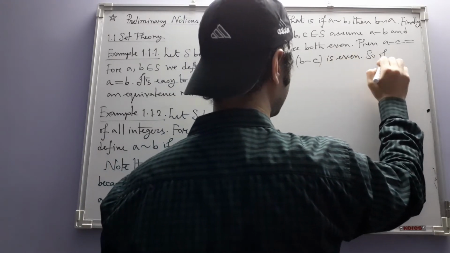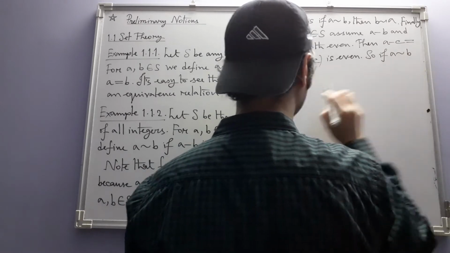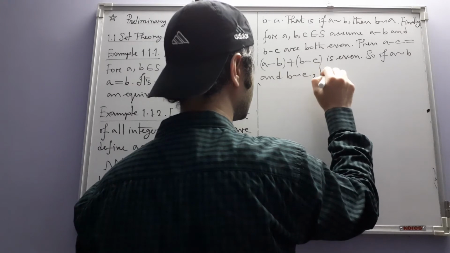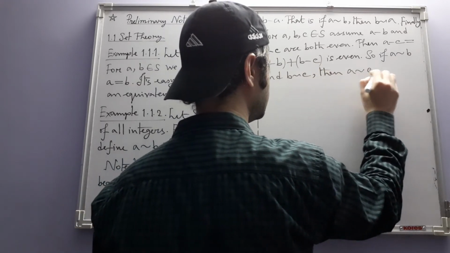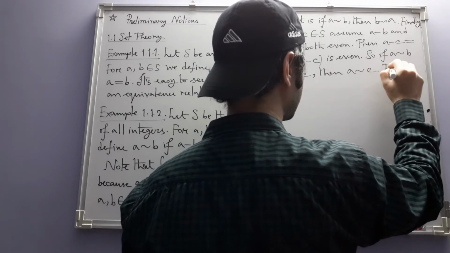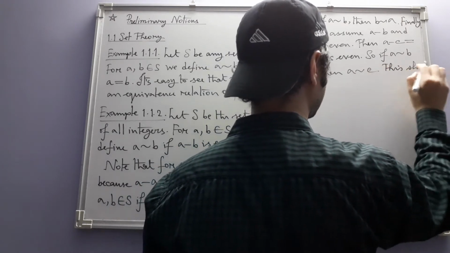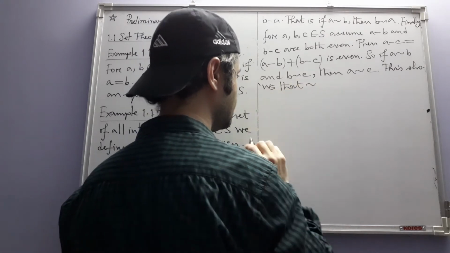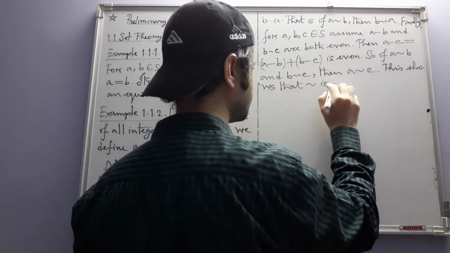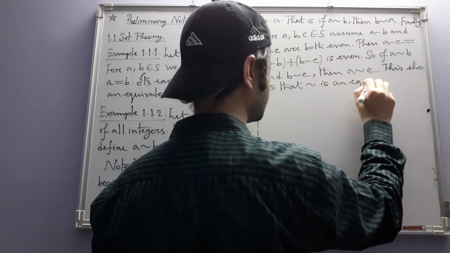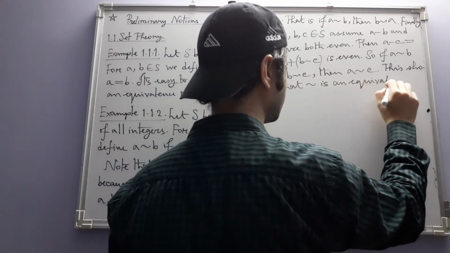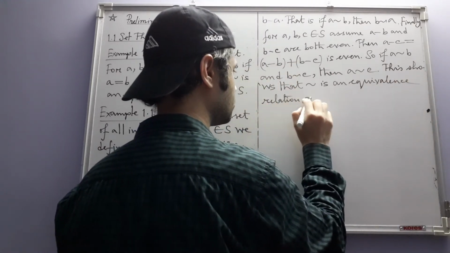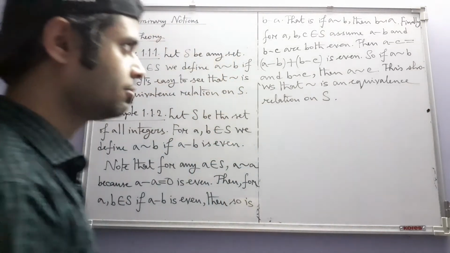So if A is related to B and B is related to C, then A is related to C. This shows that this relation tilde is an equivalence relation on the set of integers.